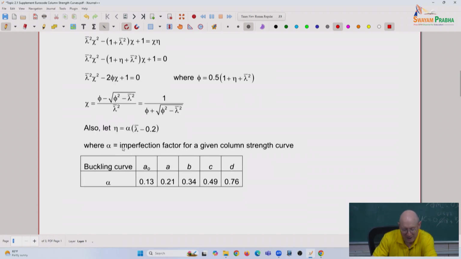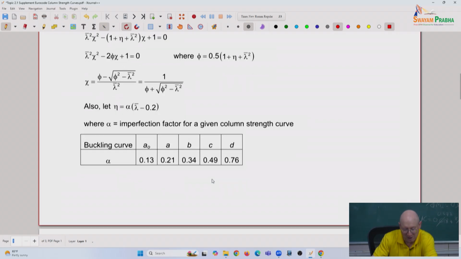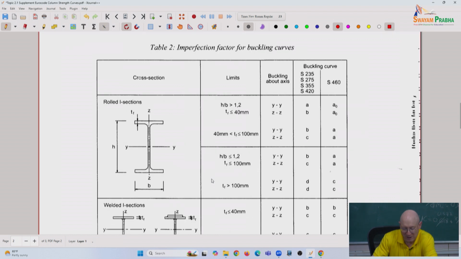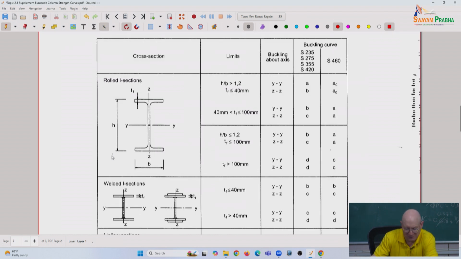Alpha in this term is what we call our imperfection factor, and we use different imperfection factors to get different column strength curves. I believe this is an ECCS recommendation of what curves to use for different cases.